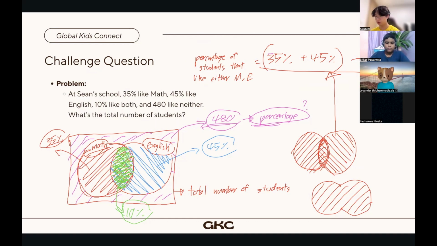So the reason why this step here is crucial and very important for solving this question is that we need to find the percentage that both like math and English. So we have to utilize these percentages shown here to find the percentage of students that enjoy either math, English, or both of them, so that we can find the percentage of students that do not like it.